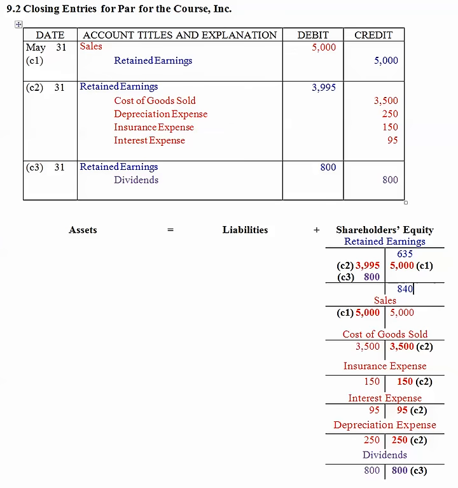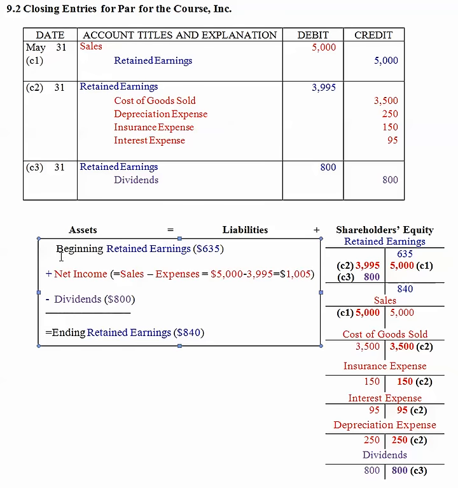So take a look now, if you recall, at the retained earnings section of the statement of shareholders' equity. These entries accomplish basically this: you had a beginning retained earnings of $635. You closed out net income into retained earnings, in essence, by adding net income to retained earnings, because if you look, this is your total revenues and this is your total expenses.